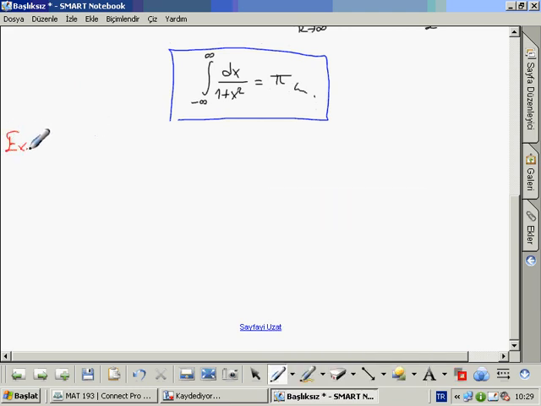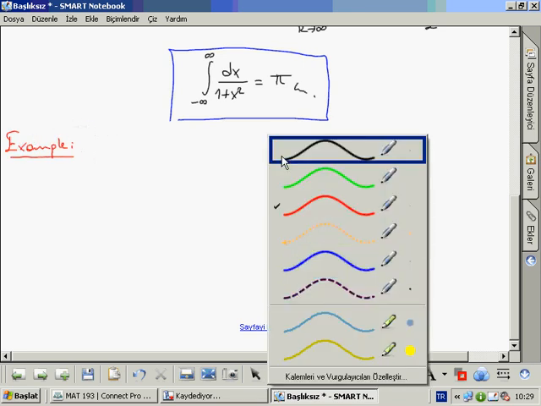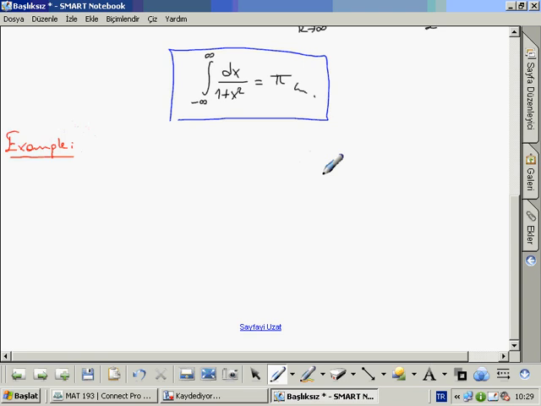Example. The integral from 0 to infinity of cosine x dx, and what can we say about it? First sketch the cosine function.